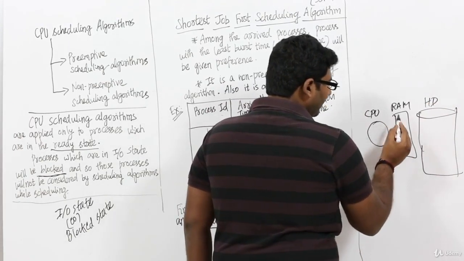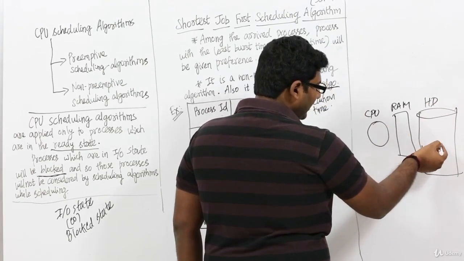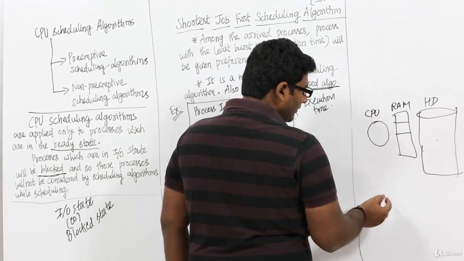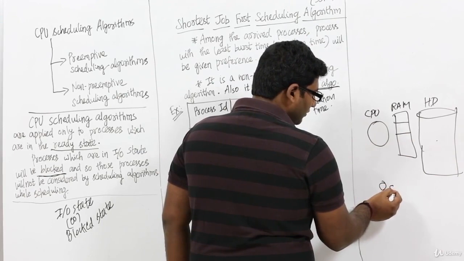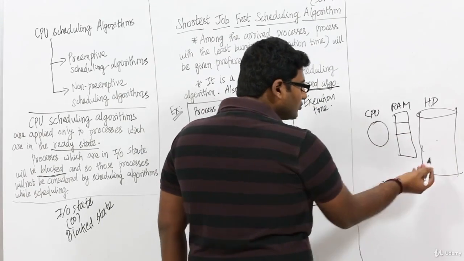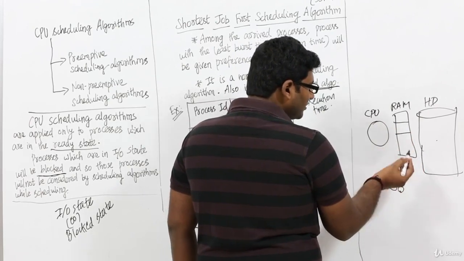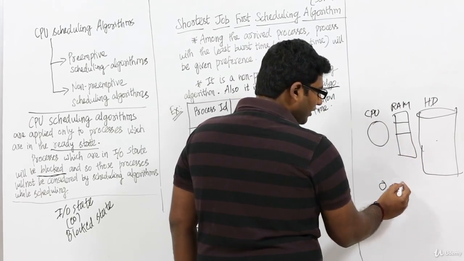Once a process has arrived in the RAM, we switch on the timer, initially at 0.00 or whatever it is. As soon as the process is completed, we switch off the timer.